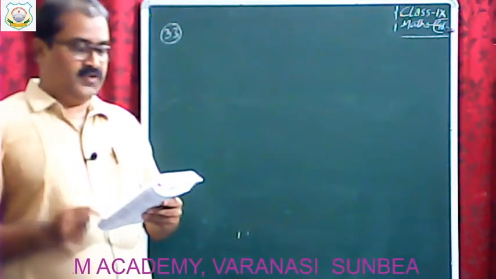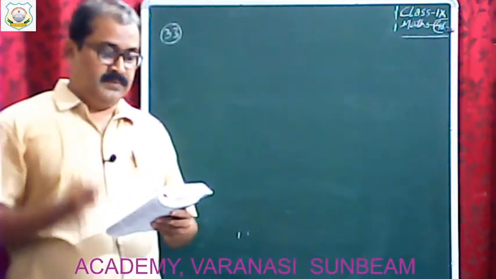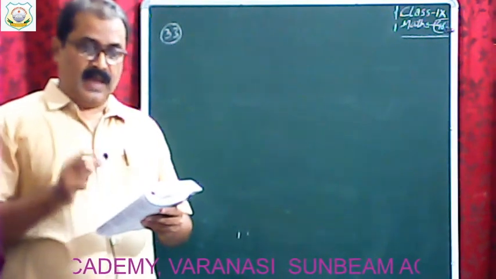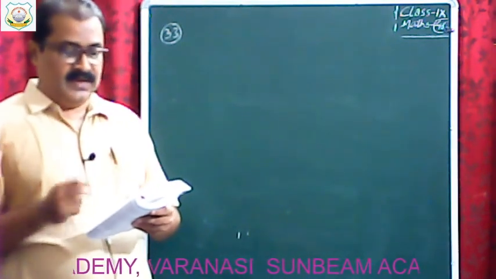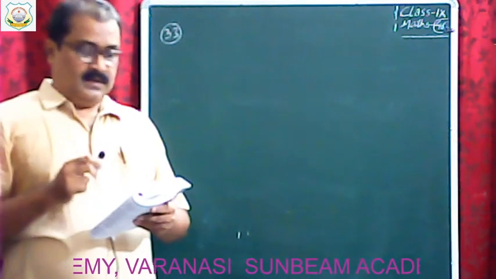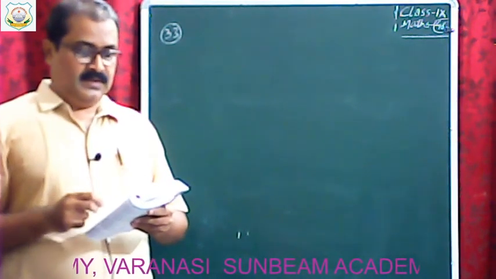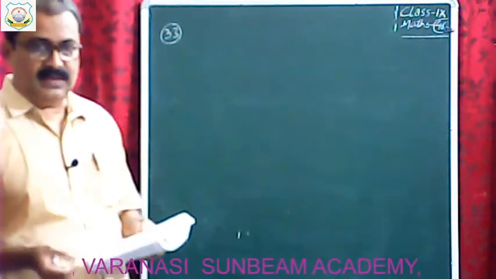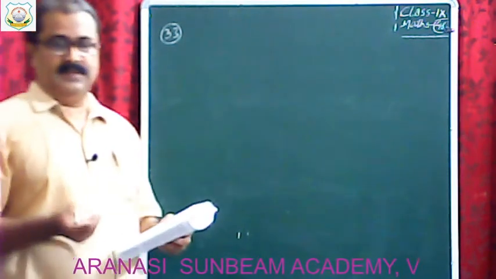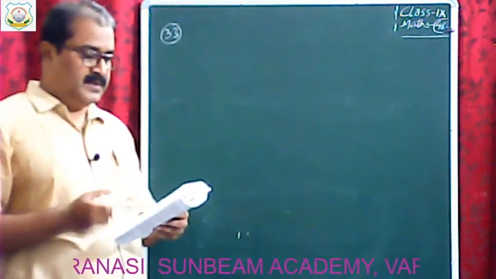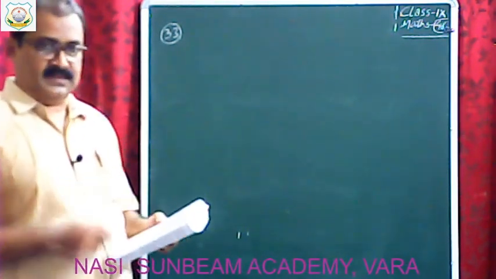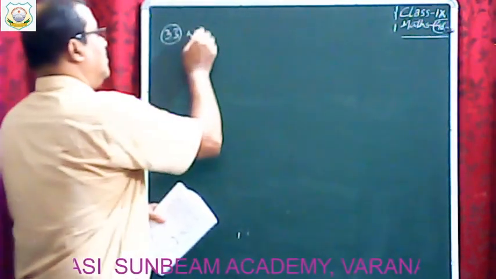Find the area of the triangle. Semi-perimeter means S, sides A, B, C. So the difference between semi-perimeter and sides means what we have?